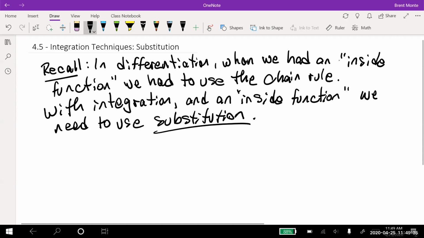And the idea is we substitute whatever the chain rule would be taking that additional derivative of. We typically use the letter u to represent, we'll just say, the inside function.